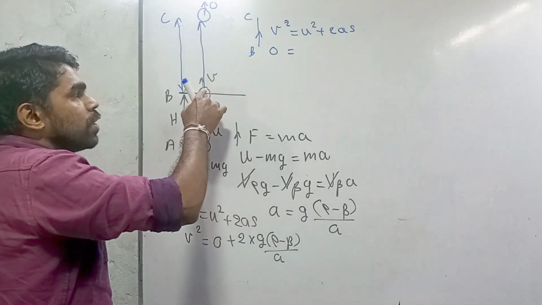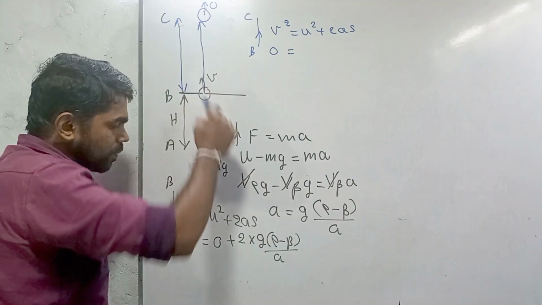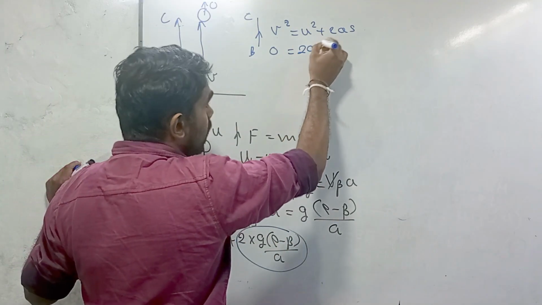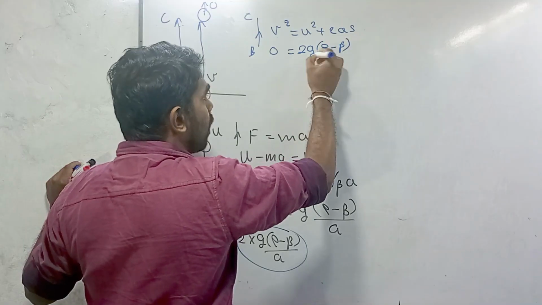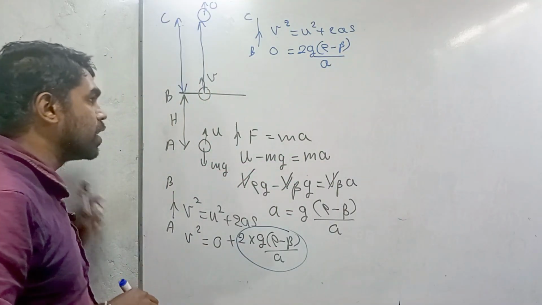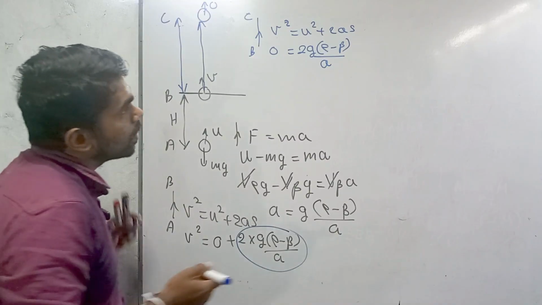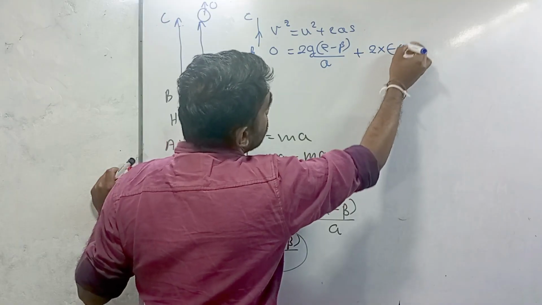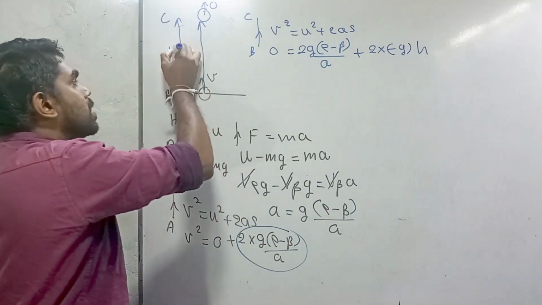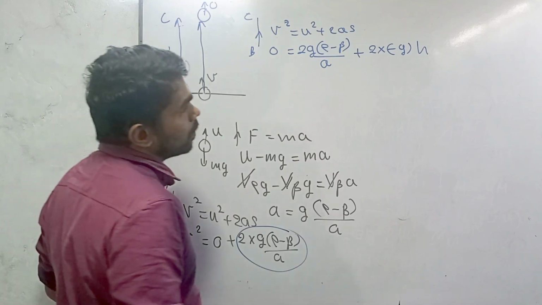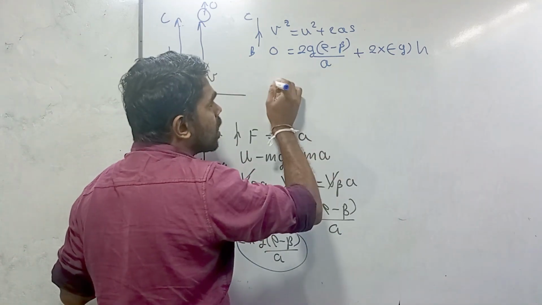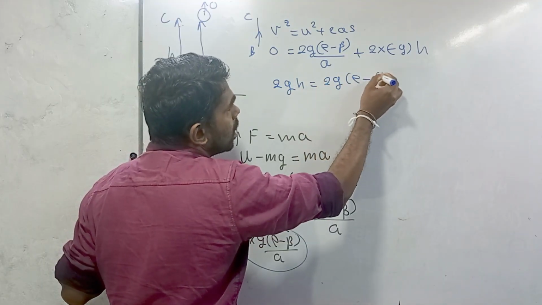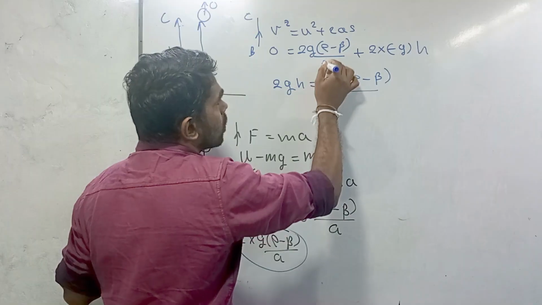The square of initial velocity for the BC motion at this point is this value, 2g rho minus beta divided by beta times H. Since it is the square of velocity, I will substitute directly, plus 2 into acceleration, minus g. I will consider this height as simple h. We have to find the simple h value. Then we can bring the minus 2gh term to the left hand side.